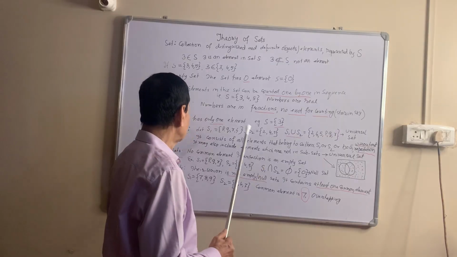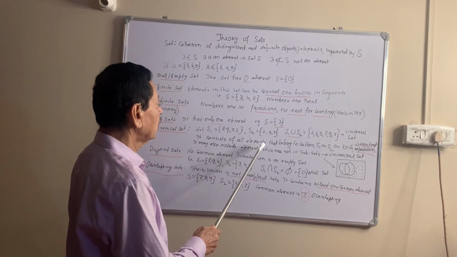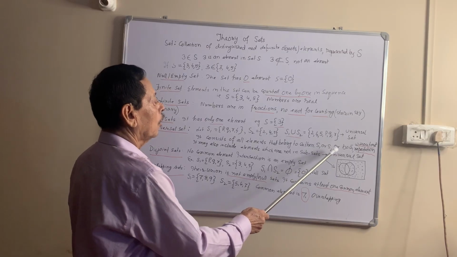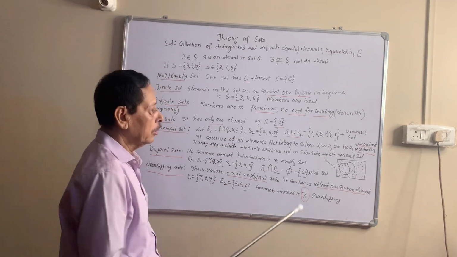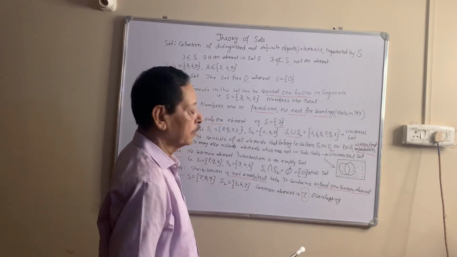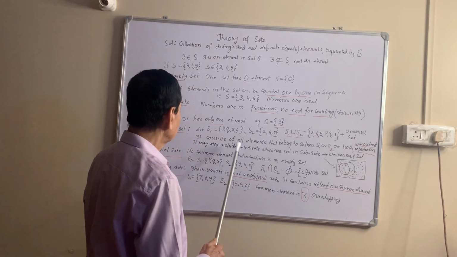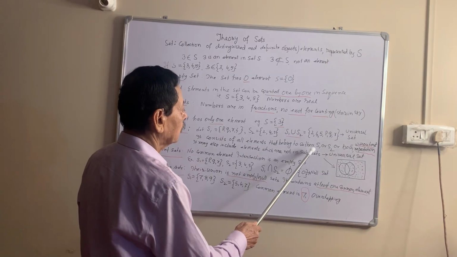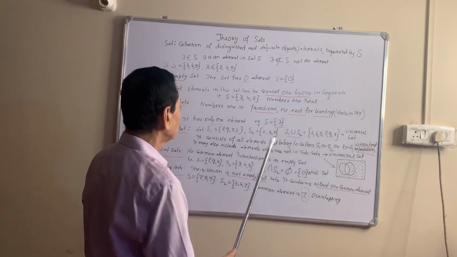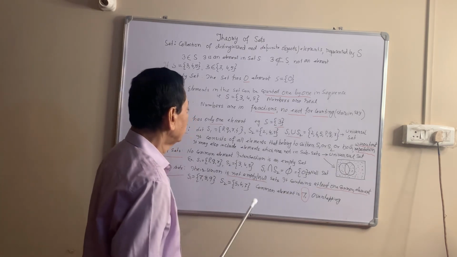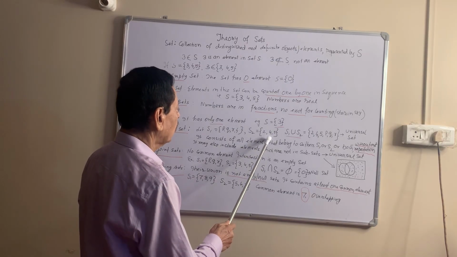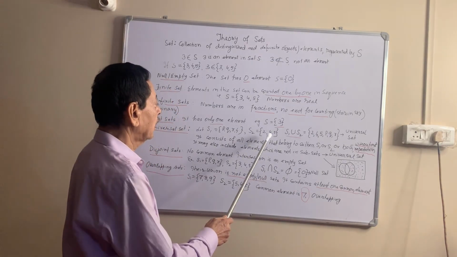It consists of all elements that belong to either S1 or S2 or both, without repetition. That's why we have not repeated it. We write 4 once, but we will not write 4 twice.